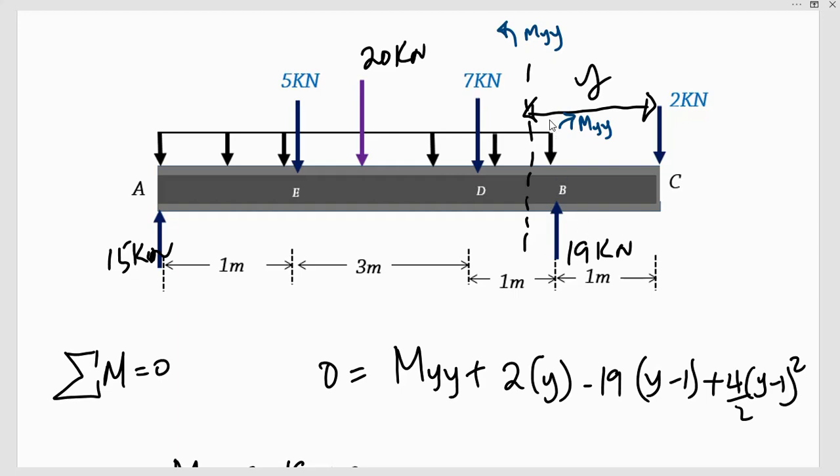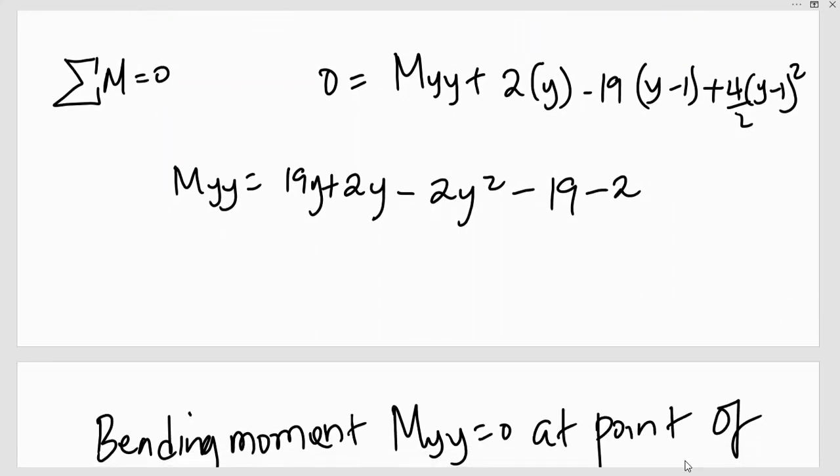But since it is uniformly distributed, it will act at the center of that portion, and therefore since the center is Y minus 1 divided by 2, the moment will be 4 into Y minus 1 times Y minus 1 out of 2. So if I put all those values, I will have 19Y, this will be 21Y, then minus 2Y squared minus 21, and this is equal to MYY.